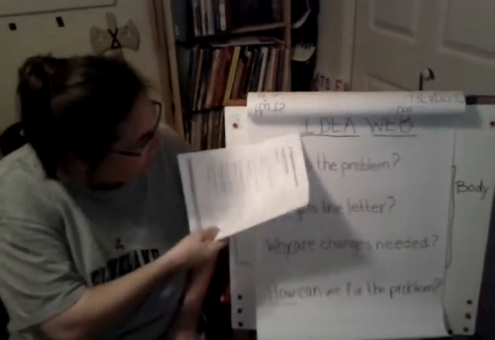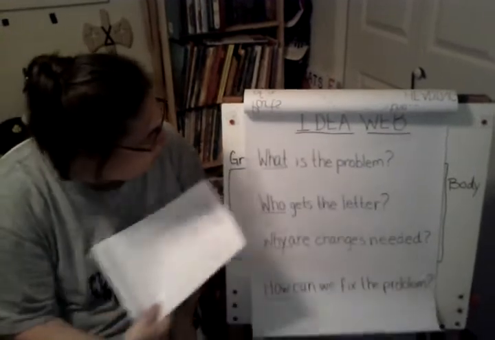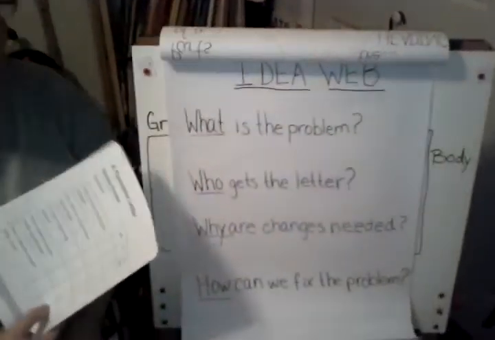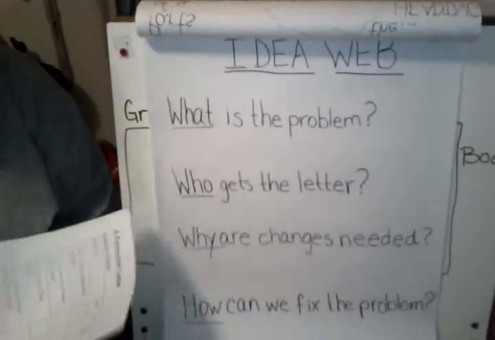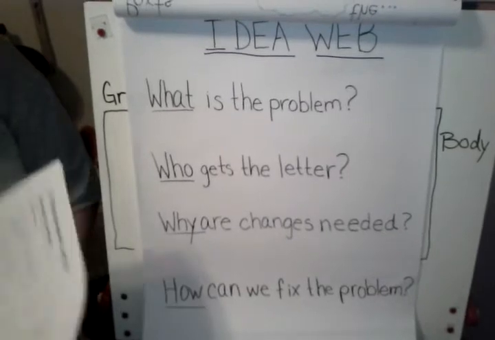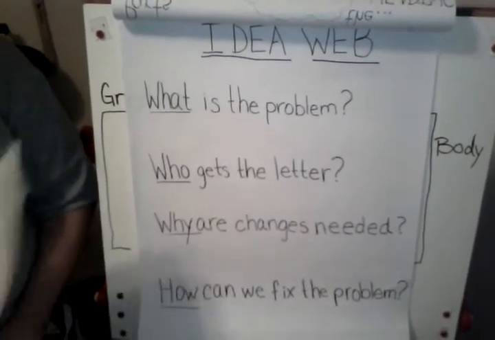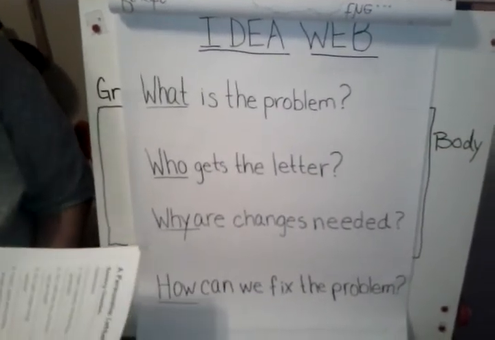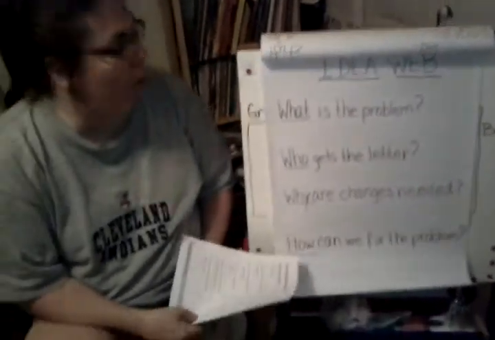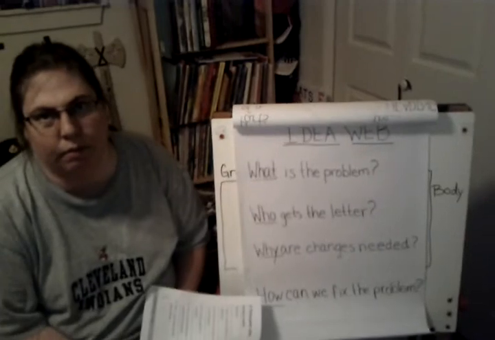And we've been using these idea webs and asking ourselves questions before we write our letters. And what I'll do here is, with the children, we're going to write a letter to the superintendent of Tomball ISD that we're going to tell him that we want a 4-day school week.